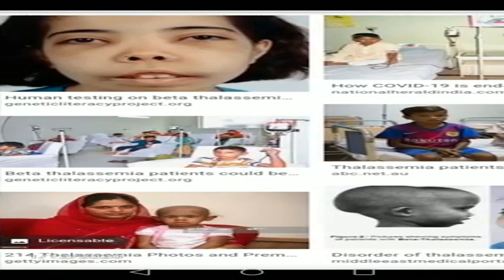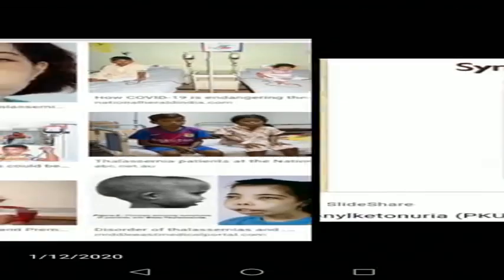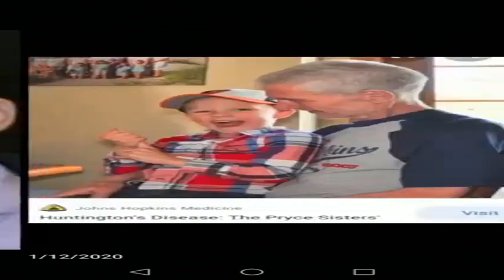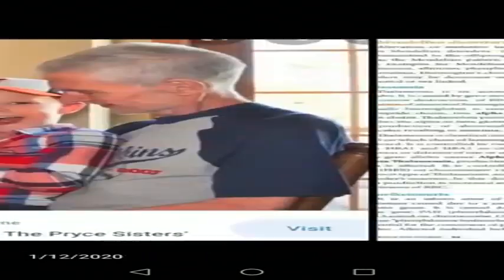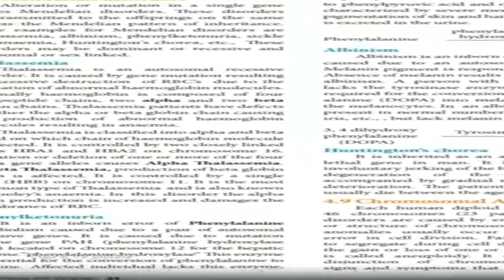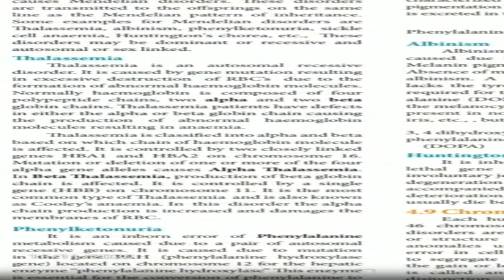Today we are going to see genetic disorders. In the last video class we saw genetic Mendelian disorders, and among them thalassemia, an autosomal recessive disorder. As I explained, in our body there are 46 chromosomes.